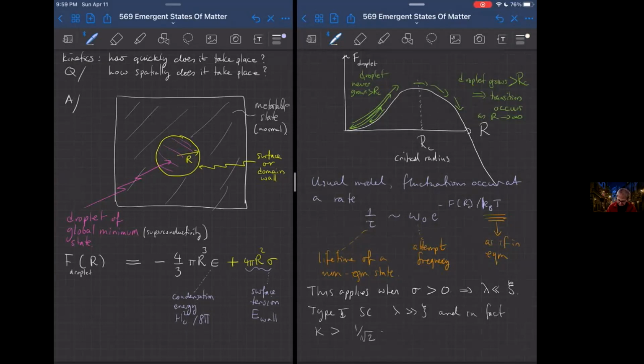So in this case, then there's no nucleation barrier.